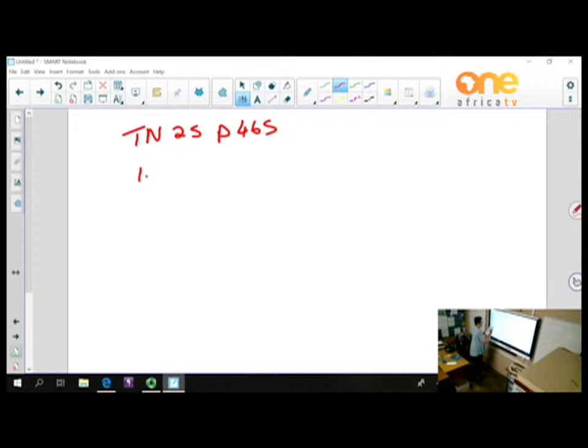Right, let's look at the first one. In PQR, every time I'm going to draw the picture to find out which side is which one. Otherwise, you're going to struggle here. So PQ is 5, QR is 8.